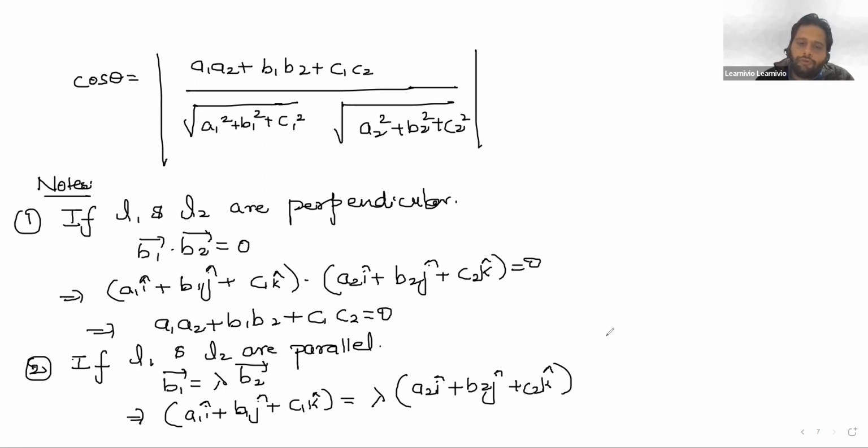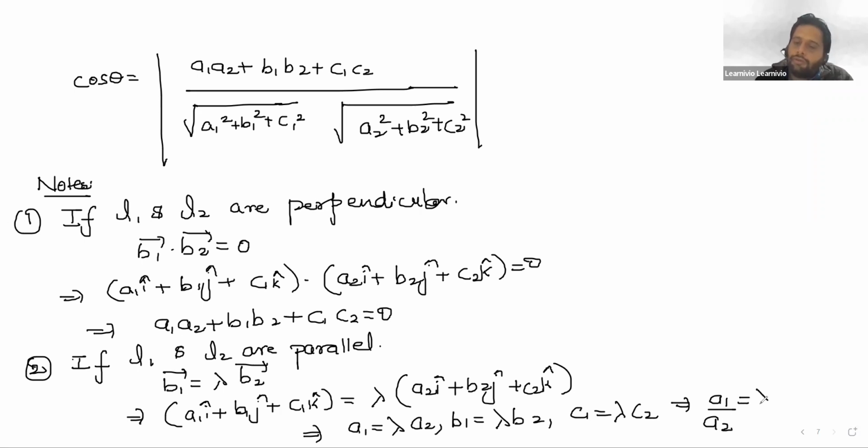Okay, so from this, what will you get? Compare I and I. So you will get A1 is equal to lambda times A2, B1 is equal to lambda times B2, and C1 is equal to lambda times C2. So from this, A1 by A2 is equal to lambda, similarly B1 by B2 is equal to lambda, and C1 by C2 is equal to lambda.